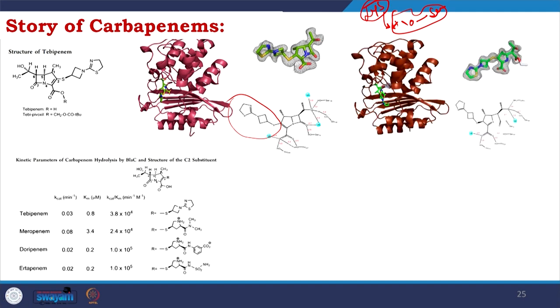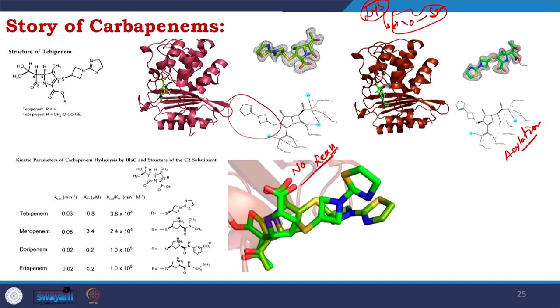So, we get two states, one where the reaction does not happen and one where acylation happened. They are very similar candidates to compare, and when we compare between them, we see a change in conformation.